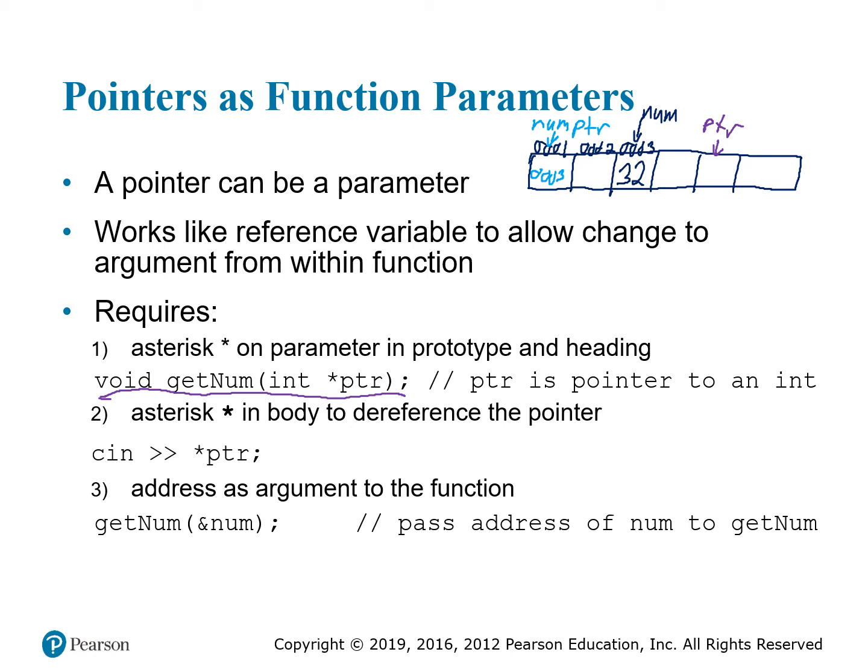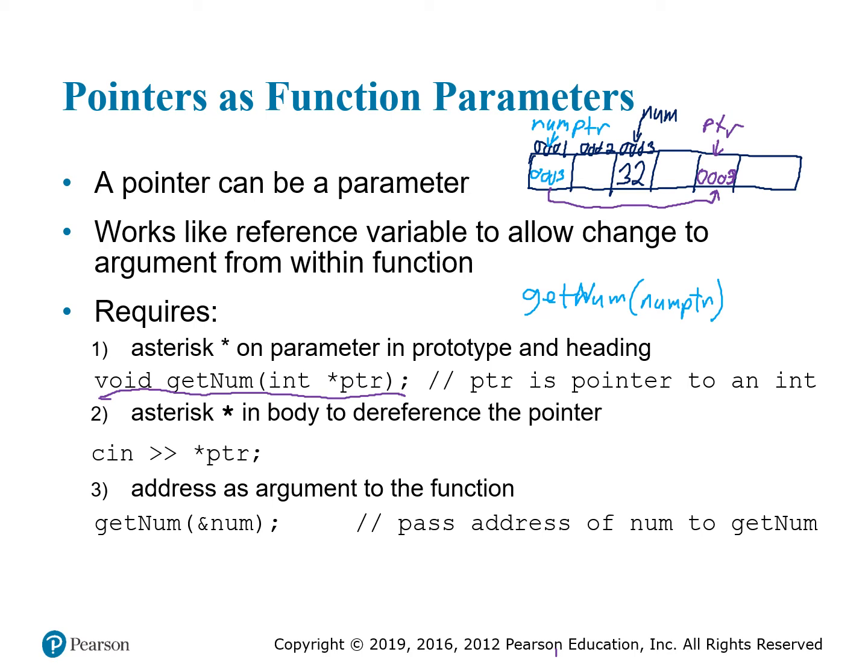If we call that function as getNum and we pass num pointer, then what gets copied to pointer is that 0003 value.